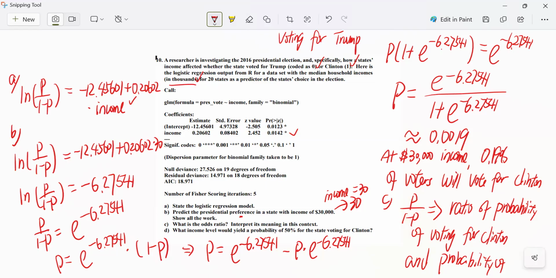Or we can simply say the probability of voting for Clinton over the probability of voting for Trump.